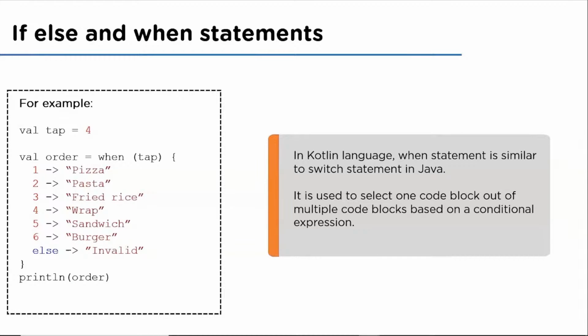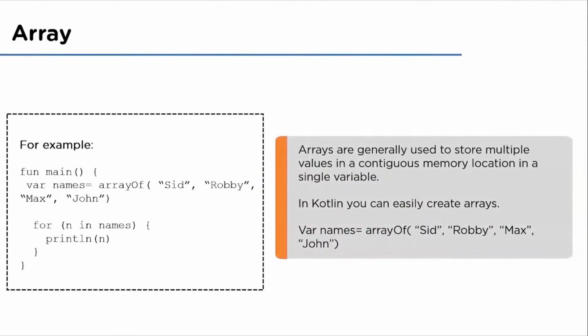Now, let's move on to arrays in Kotlin. Arrays are generally used to store multiple values in contiguous memory location in a single variable. In Kotlin language, to create an array, you have to use the arrayOf function and then write the elements inside the bracket.